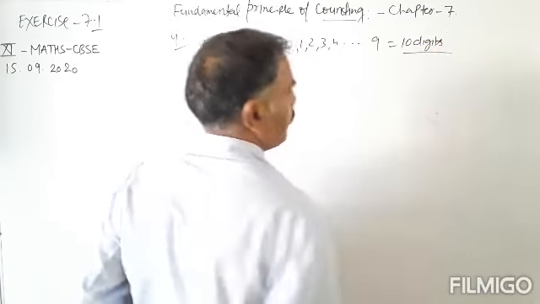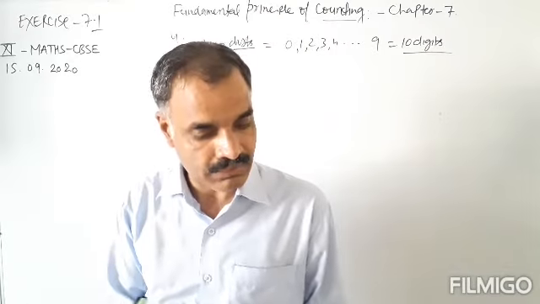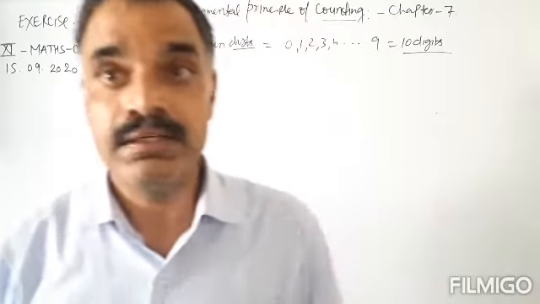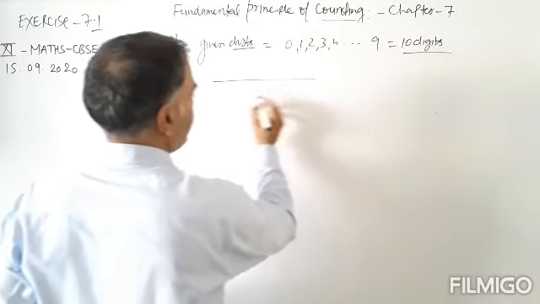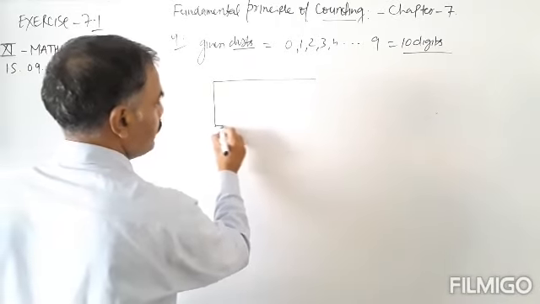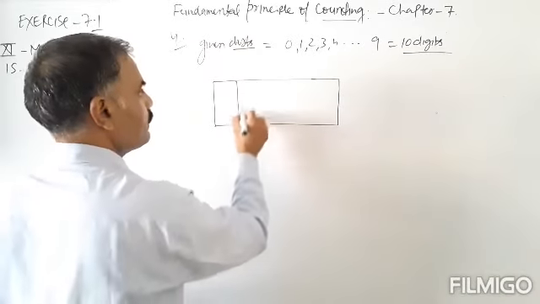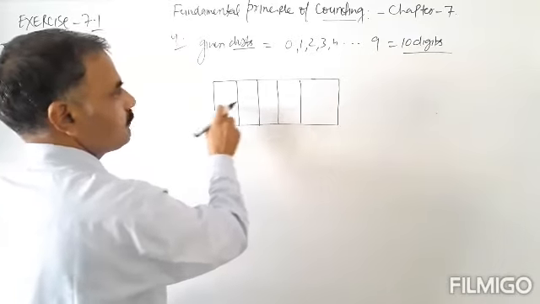Total digits given are 10, all digits. No digit can be repeated, and we have to construct a 5-digit telephone number, places 1, 2, 3, 4, 5.